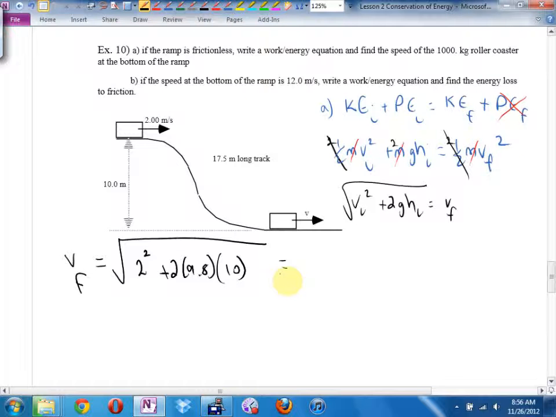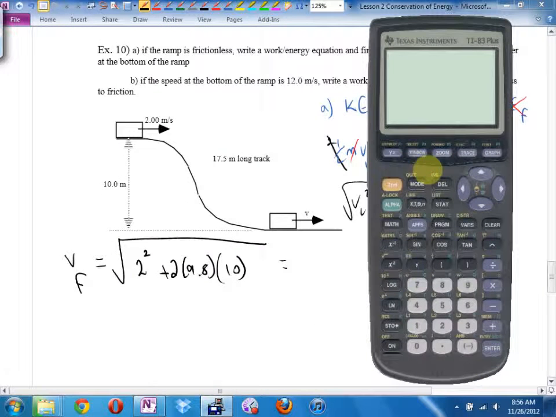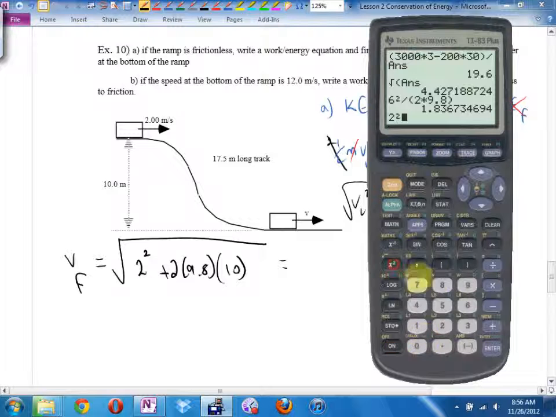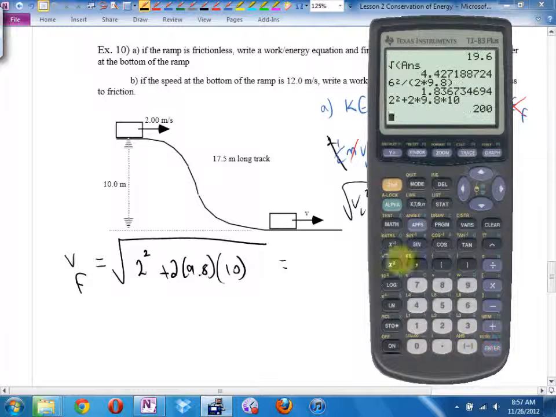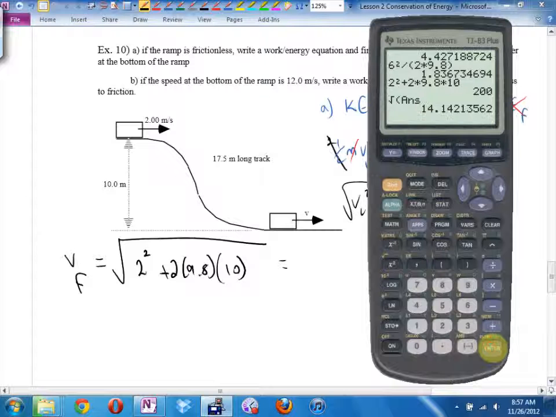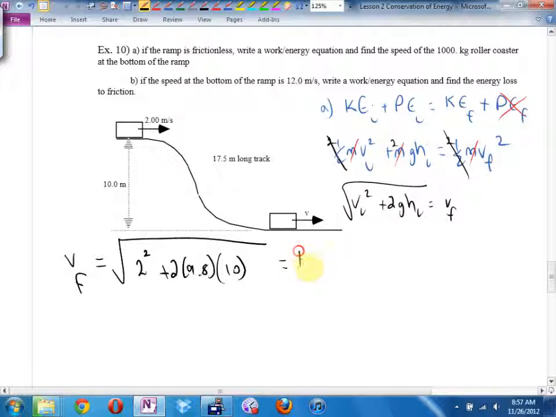So 2 squared plus 2 times 9.8 times 10, get an answer, square root. Square root of 200. Should be about 14.1 meters per second. Now that's if there's no friction.